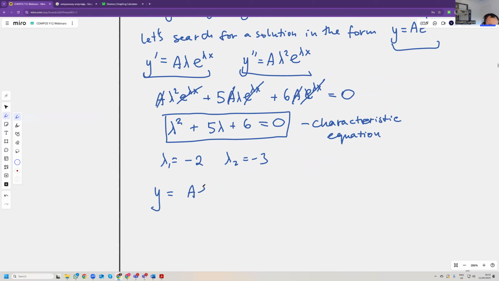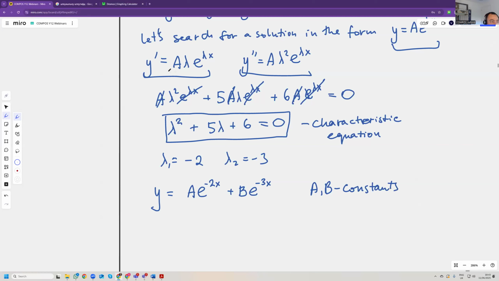A multiplied by e to the minus 2x plus B times e to the minus 3x, where A and B are constants.